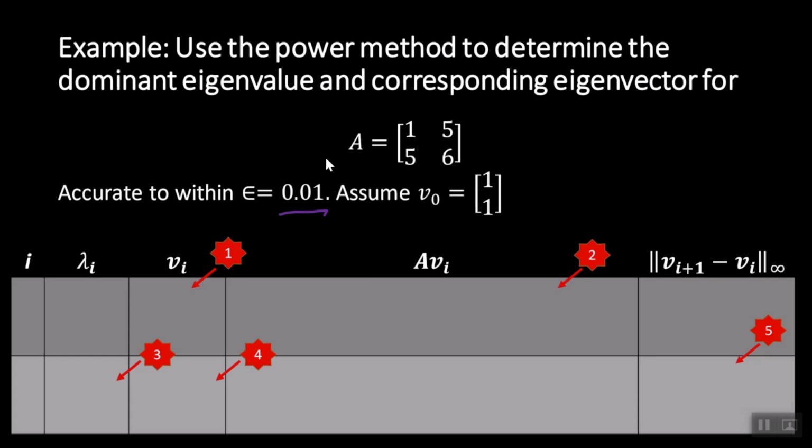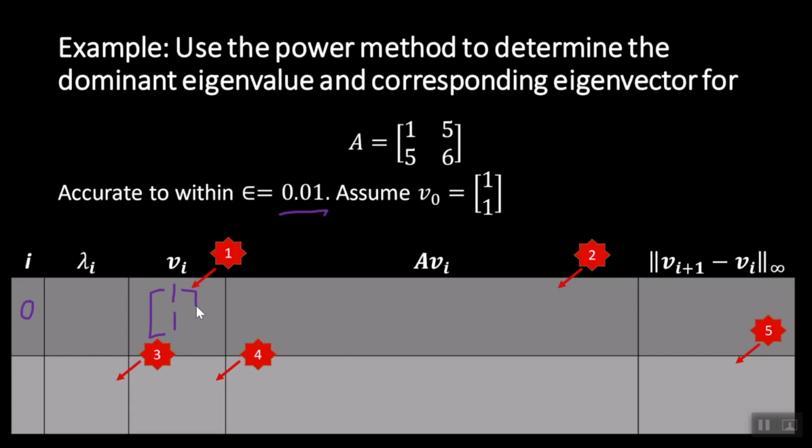So whenever we have a stopping criteria and an initial value, or an initial vector in this case, the method that we are discussing is an iterative method. So it starts with an initial vector. So V0 is 1, 1.